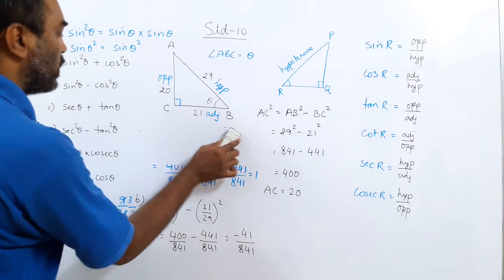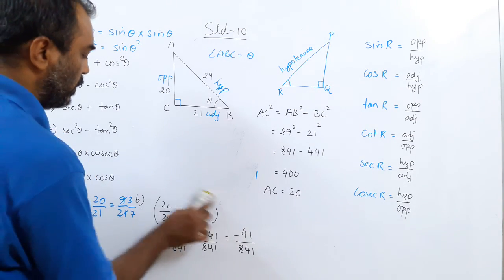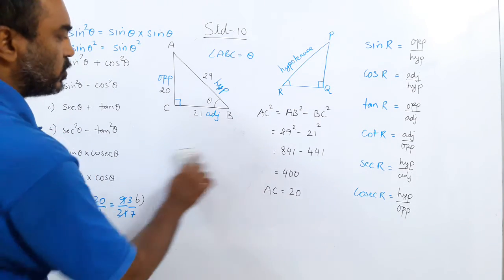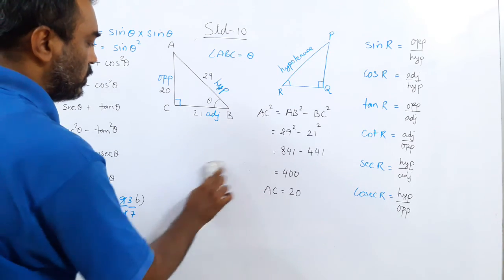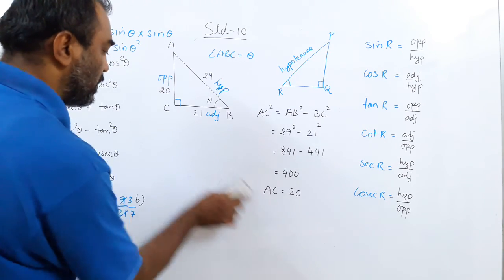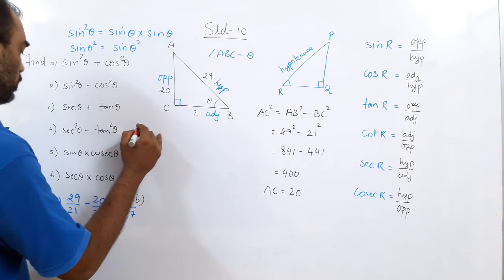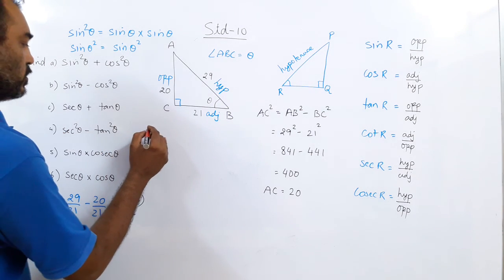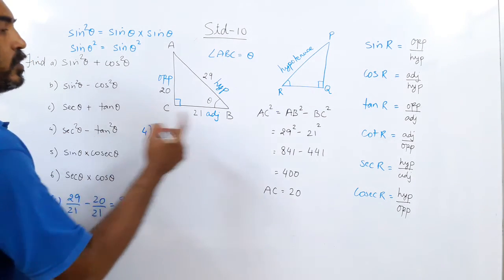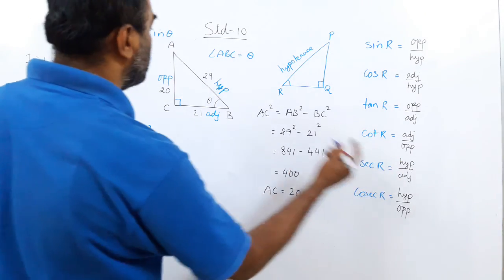So the book has given only 2 to do, but I am going further. Okay, so this is how to do your mathematics. You do not have to go exactly by the textbook, but same question, different ratio. Now we have to find sec square theta minus tan square theta. What is sec theta? Hypotenuse upon adjacent.